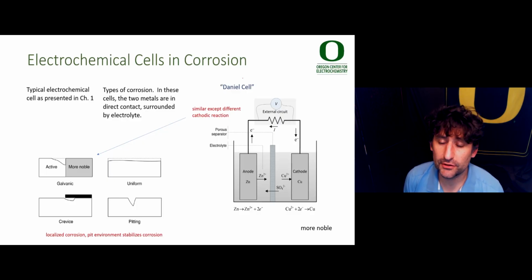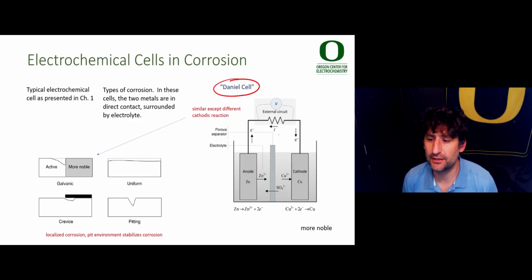If you recall from our introductory material, we had this so-called Daniell cell, and the Daniell cell has a zinc anode in this case and a copper cathode. And this is a spontaneous reaction when the zinc dissolves and the copper plates. That's because the copper is more noble than the zinc.